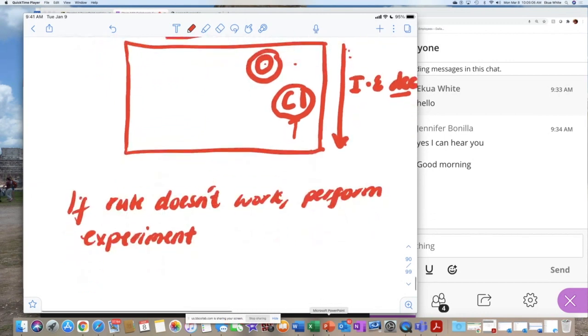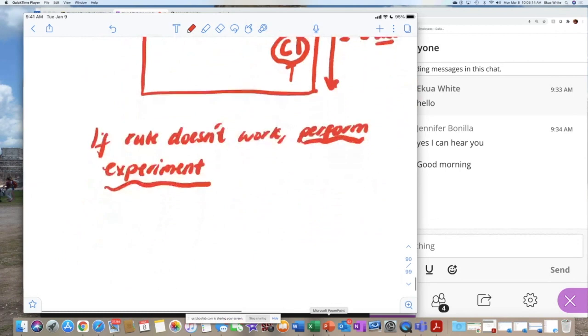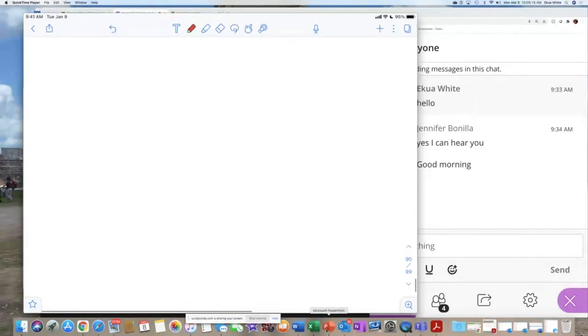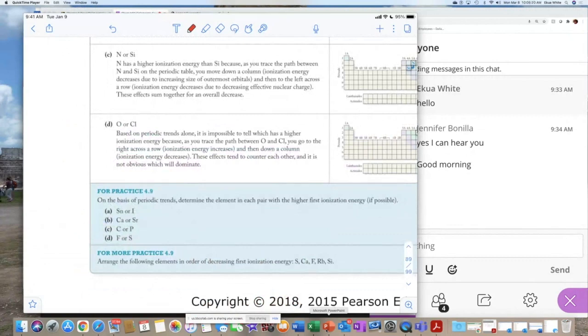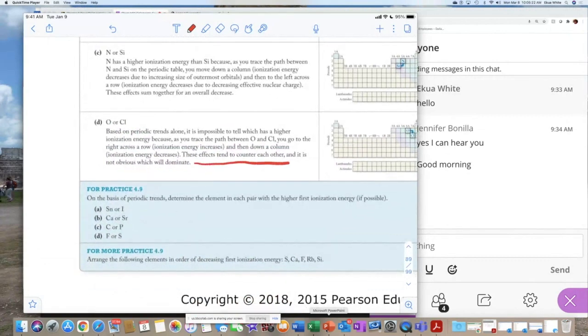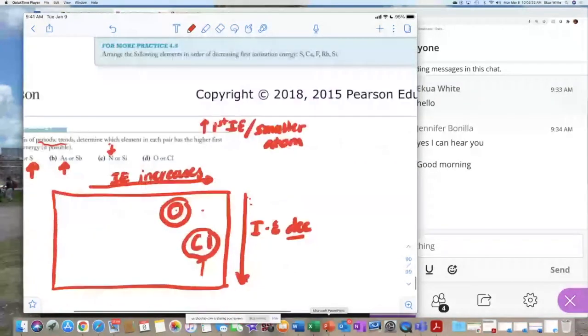And if it doesn't work, that means we have no choice but to perform the experiment like the people who got the data in the book. The book says a lot of things, but then it tells you that they counter each other, and it's not obvious which would dominate. So in the end, go ahead and do an experiment, in so many words.